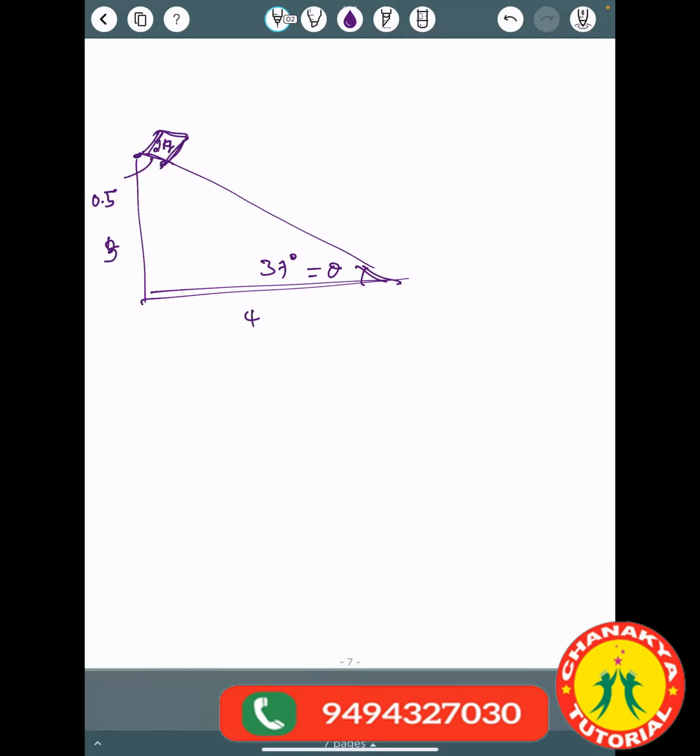So this length will automatically become 5. So now the question is, you have to draw the free body diagram. So here this component will be mg sin theta. Correct? This component will be mg cos theta. This will be normal and this will be your friction. First you need to draw these 4 forces.